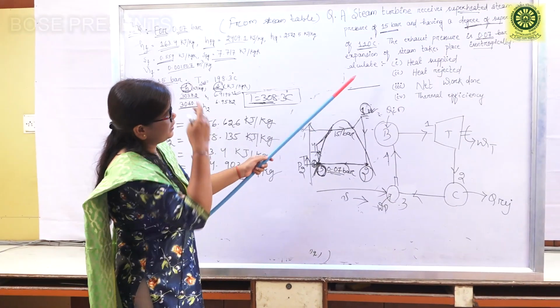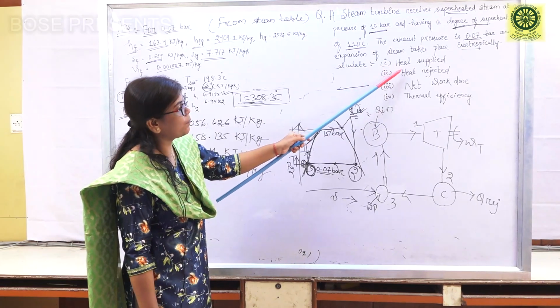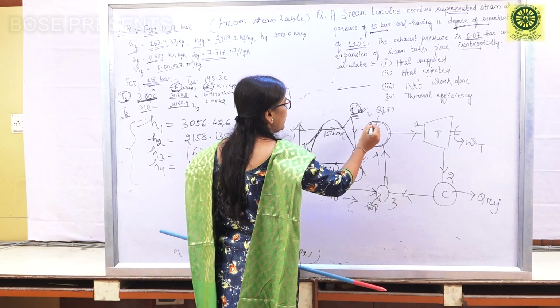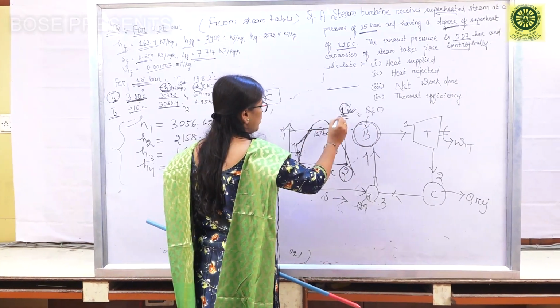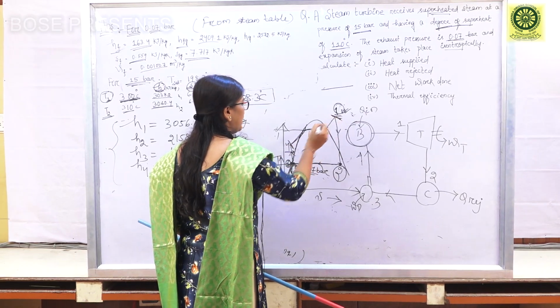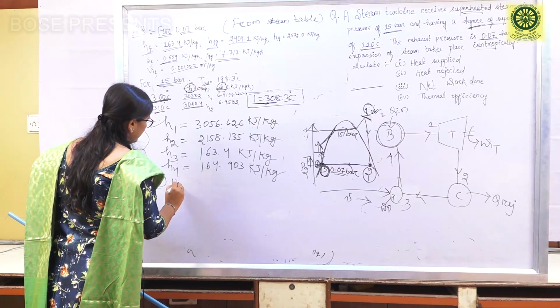Then let me calculate these options. In the first option, heat supply is mentioned. In the boiler you are giving heat. This is your point 1 and this is your point 4. So heat supply will be H1 minus H4.